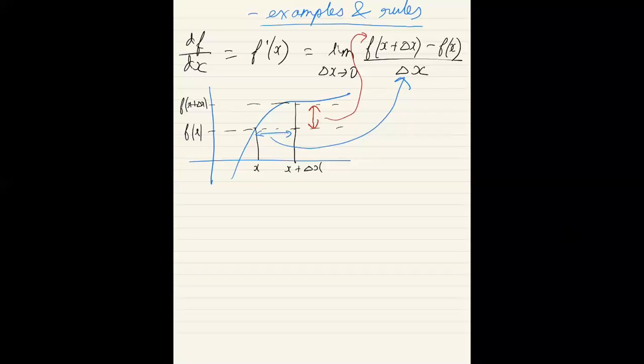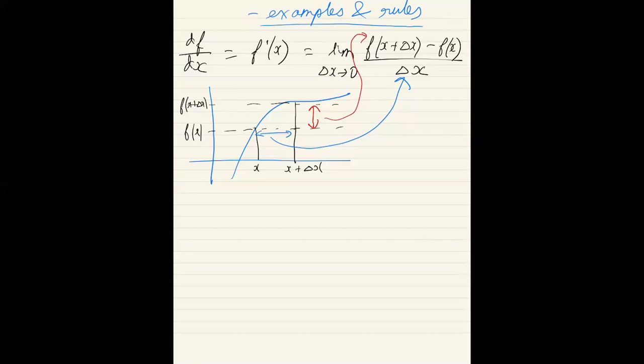The first example that we will look at is for a function given by f of x is equal to cx. Sorry, by cx, I mean c multiplied by x, where c is some constant.